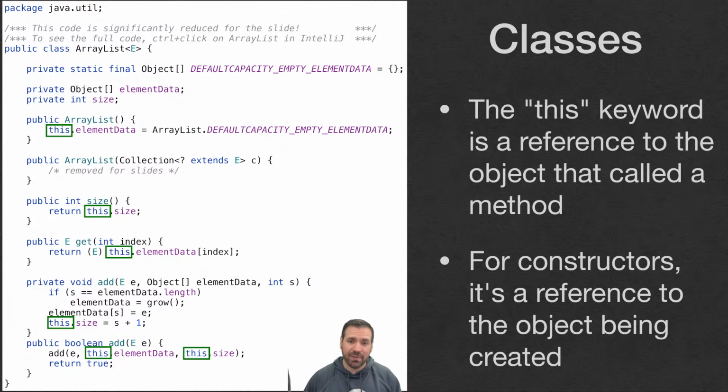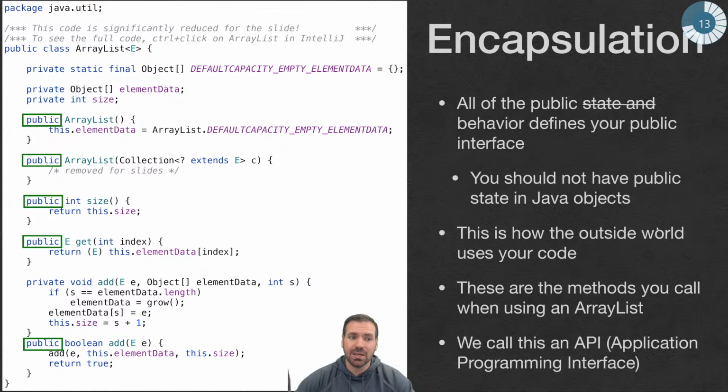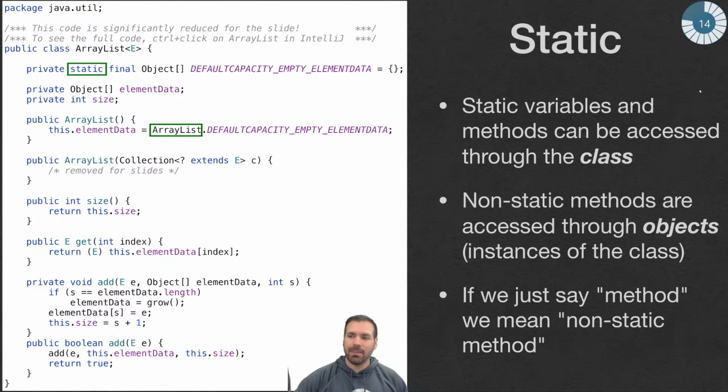Let me just fix that for you and go over to the heap and access the instance variable anyway, even though you didn't say this dot. Otherwise, you got a compiler error. I'm not going to tell you it's a compiler error and tell you to fix it. I'm just going to go over to the heap because I'm pretty sure that's what you meant. So sometimes it is optional. I recommend always putting the keyword this for readability purposes, if nothing else. It makes it much more clear what your intentions are if you have this dot in your code.